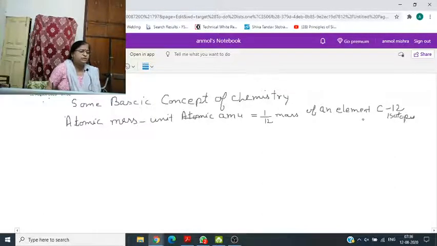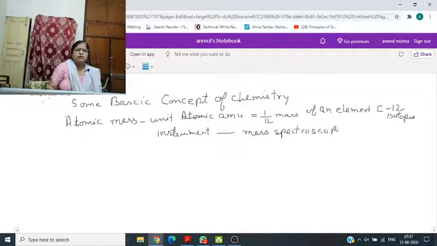Now the instrument used to measure atomic mass is the mass spectroscope, in which the atomic mass is measured experimentally.